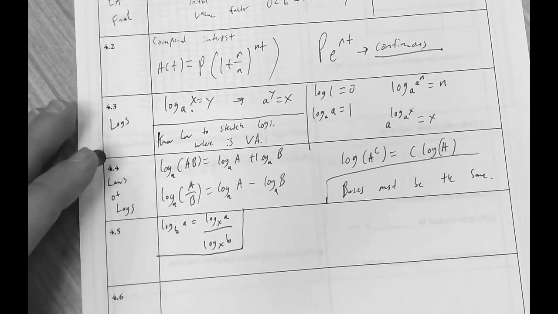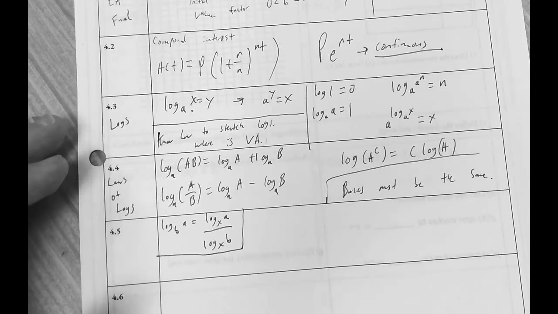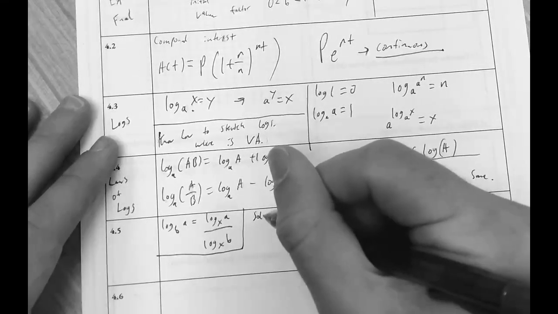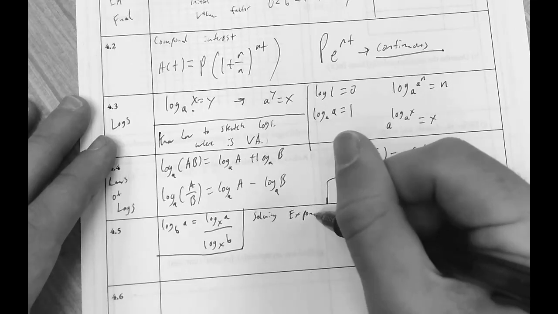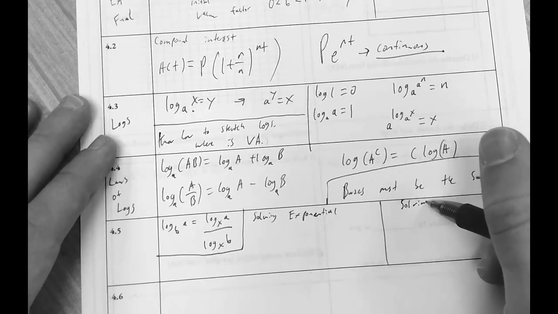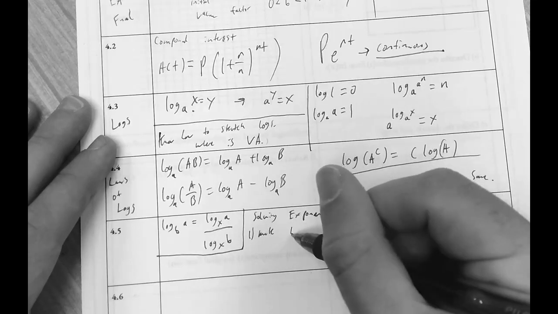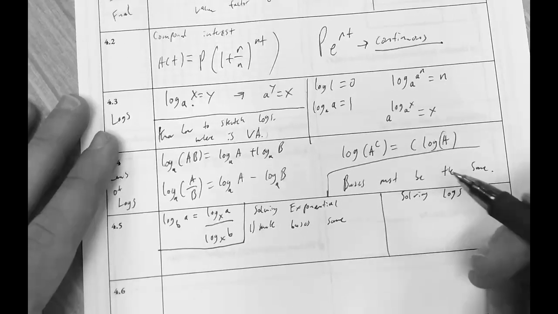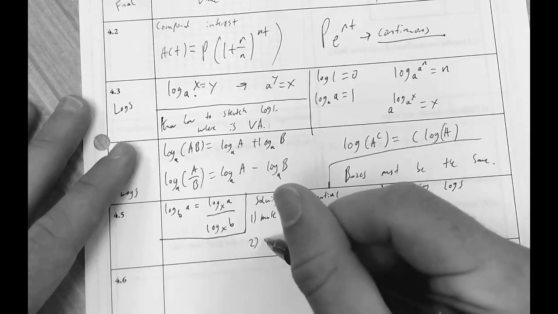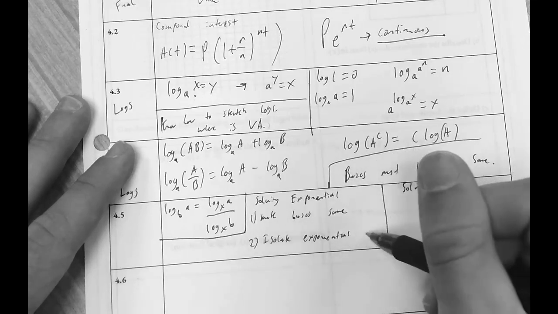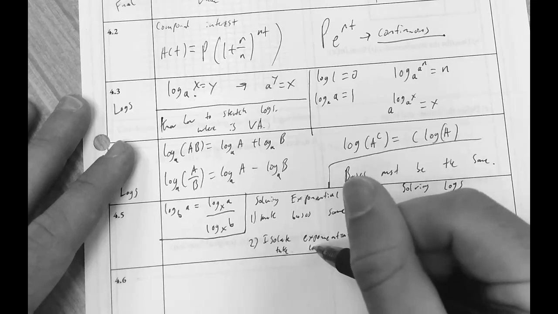All right. Then we had 4.5. This was solving functions. So solving exponential, and then we have solving logs. So two different kinds of problems. Solving exponential, you had two methods. You either make the bases the same, which we'll do a practice problem later, or you isolate the exponential and take the log.